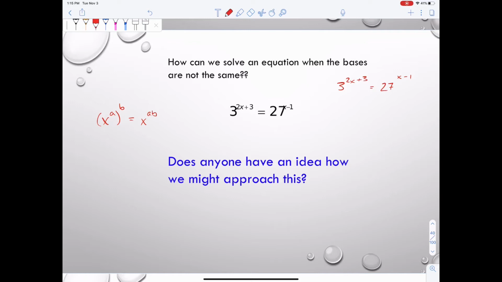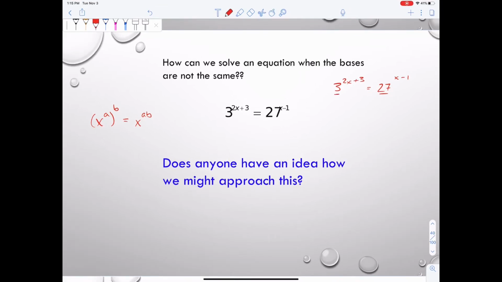So if I want to re-represent something in a different way, I'm able to do that using this rule. Here, I want to look preferably at the larger of the two numbers and ask myself, is there a way I can write 27 as 3 to some power? I want to make that base smaller and ideally make it match this one. There are going to be times where I have to rewrite both. But hopefully you would agree that 3 to the 3rd power is 27. So let's rewrite that right-hand side.